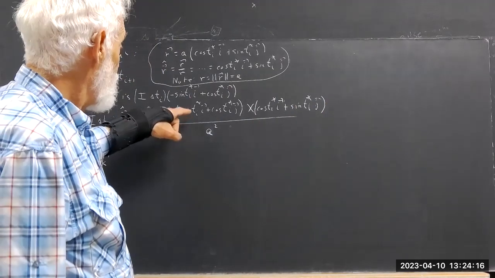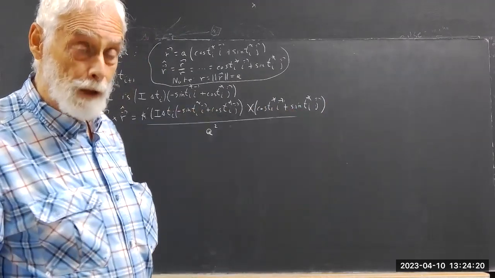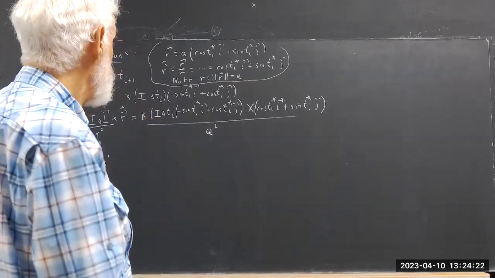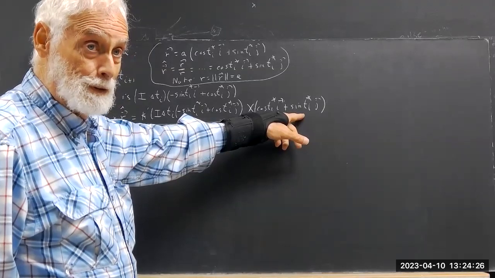And then the negative, well, I cross J is K. We have a negative sign times a sign.